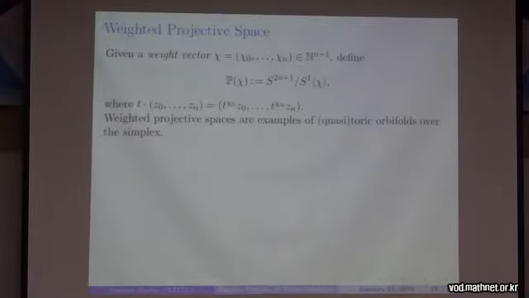Okay, and so the main example, the sort of generalization of the complex projective space example that we saw before, is something called weighted projective space, which again lies in the intersection of those two families.